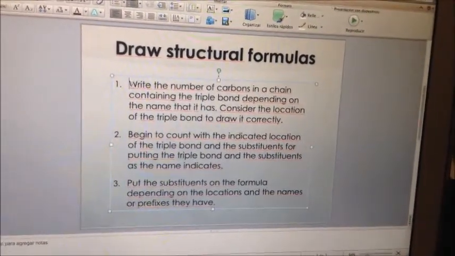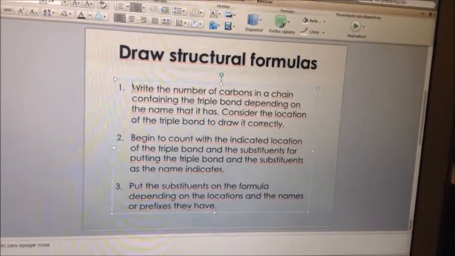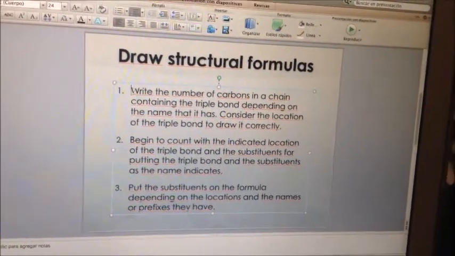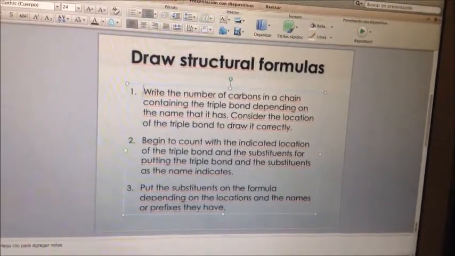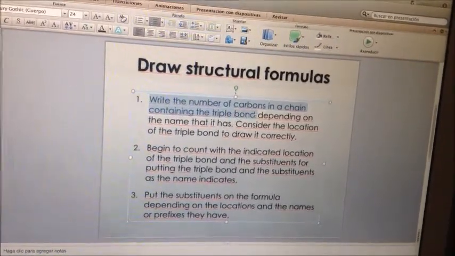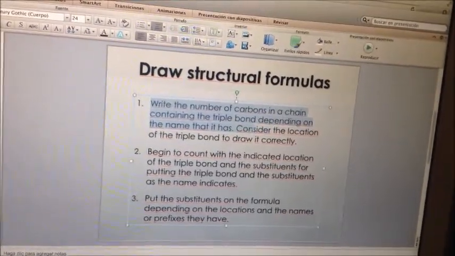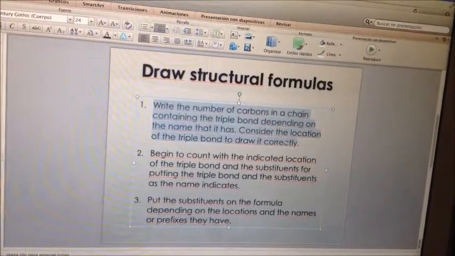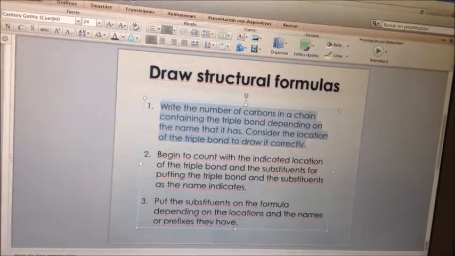Now I will talk to you about how to draw structural formulas of the alkenes. The first step is to write the number of carbons in a chain containing the double bond, depending on the name that it has. Consider the location of the double bond to draw it correctly.